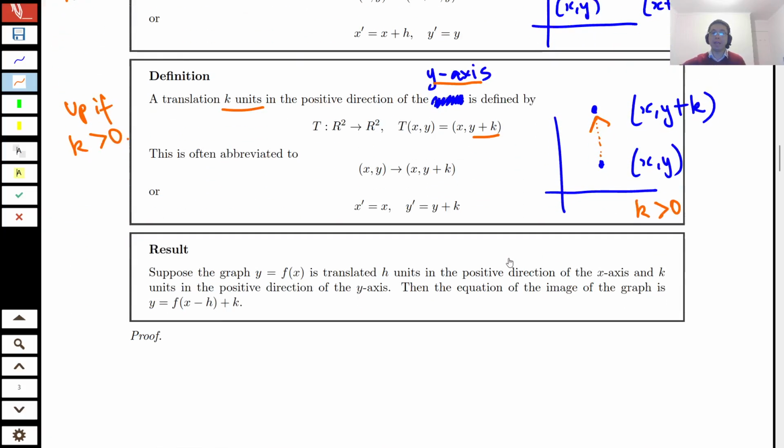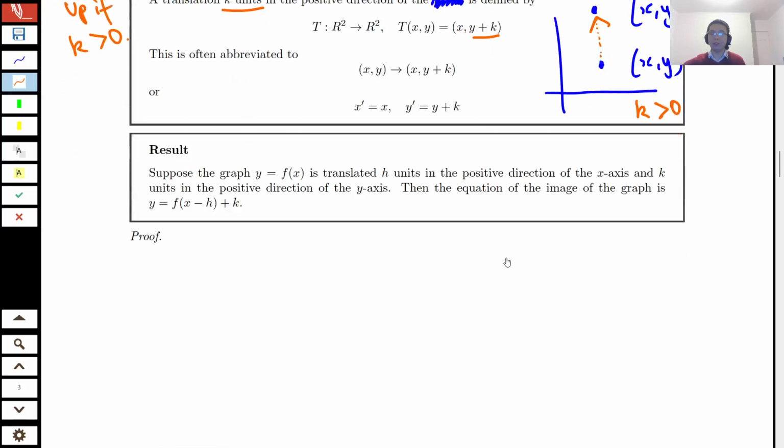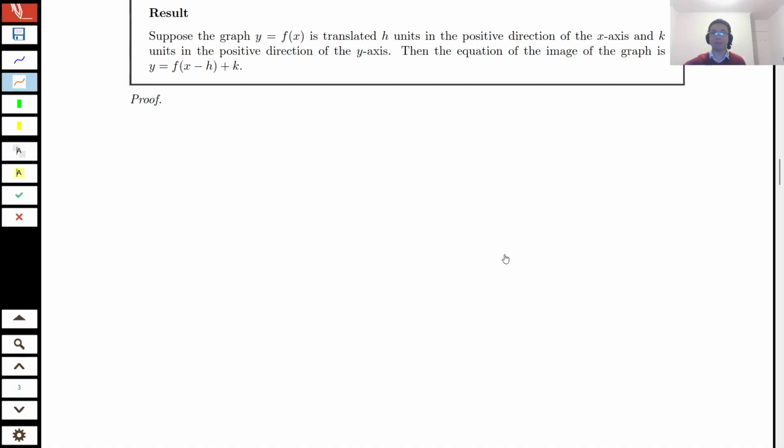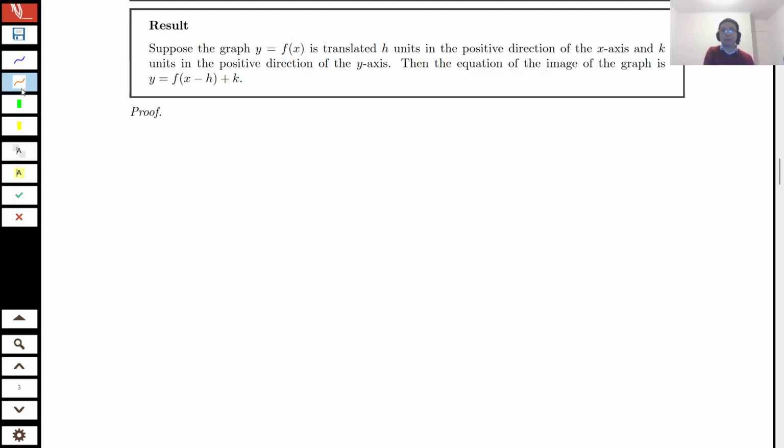Okay, now, if you're happy with that, I want to prove the following result. Suppose I have the graph y equals f of x. I translated h units to the right and k units up.